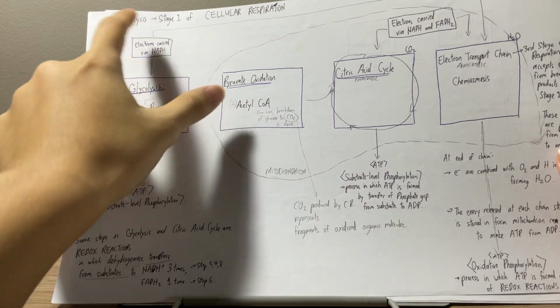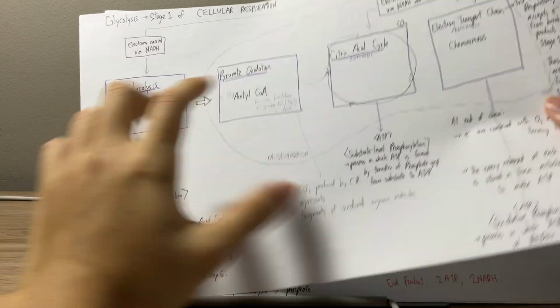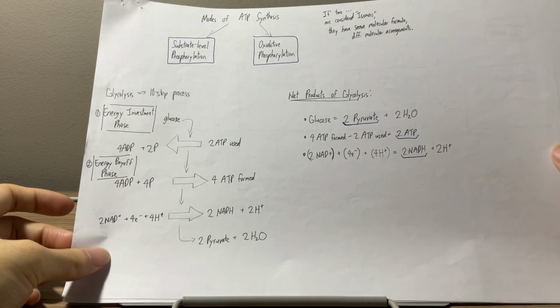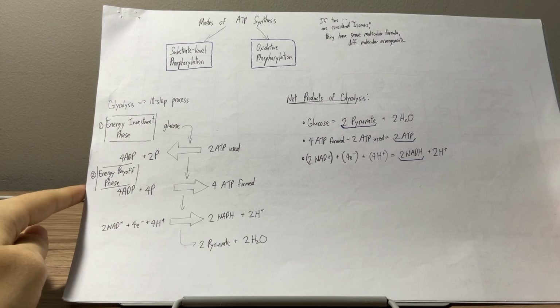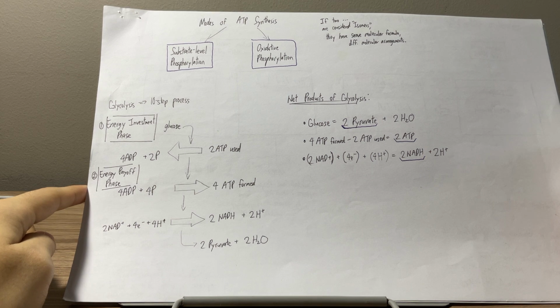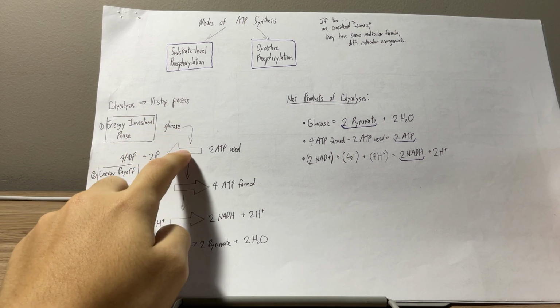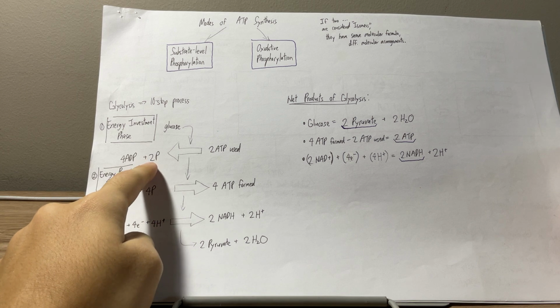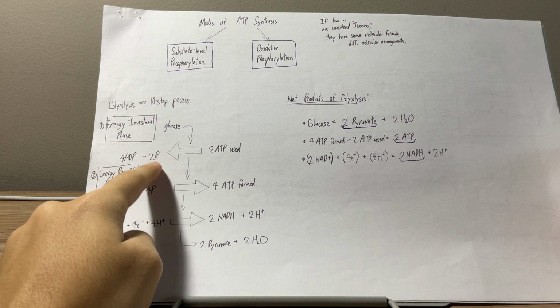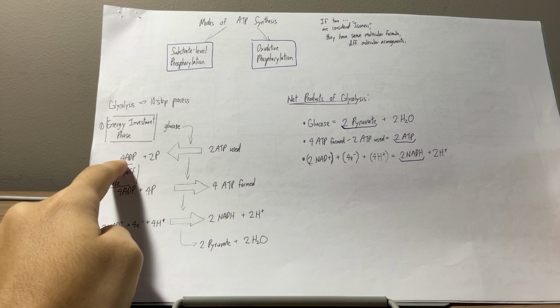Glycolysis is the first stage or first process of cellular respiration. There are 2 phases, the energy investment phase and the energy payoff phase. So glucose, 2 ATP used, produces 2 pyruvates and 4 ADPs.